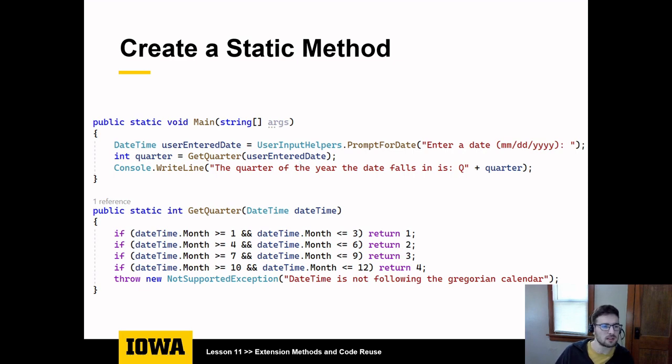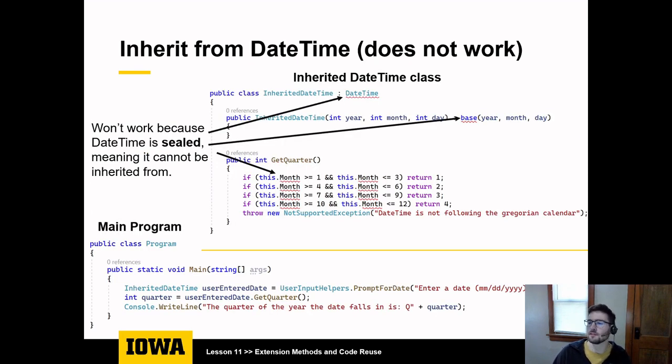There are some other ways. We'll get a little creative here. If we think back to our discussion of object-oriented programming and inheritance, sometimes inheritance can be used to do something like this. And it won't work in our case for a datetime object because datetime is a sealed class, which means it cannot be inherited from.